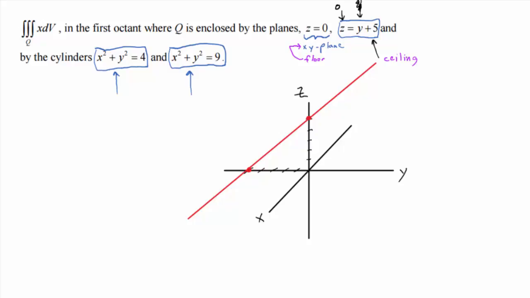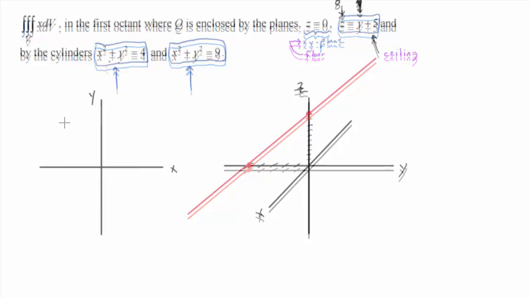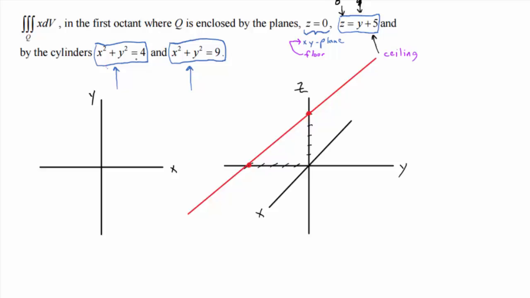And then what's going to form the walls? If you think about it, what does x squared plus y squared equals 4 look like in the xy plane? That cylinder breaks down to just a circle, right? A circle of radius 2.